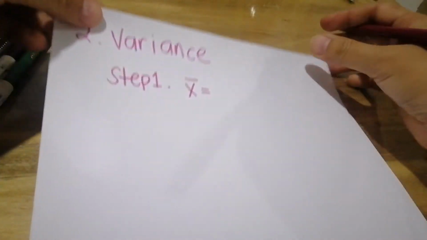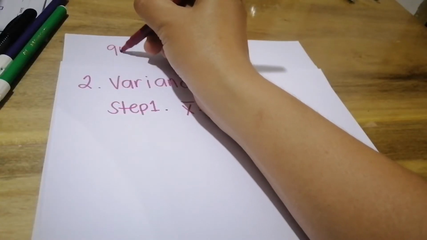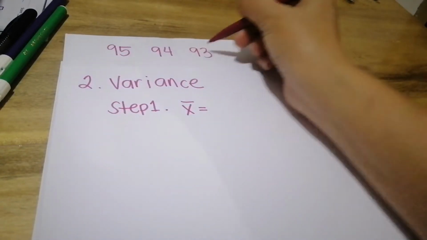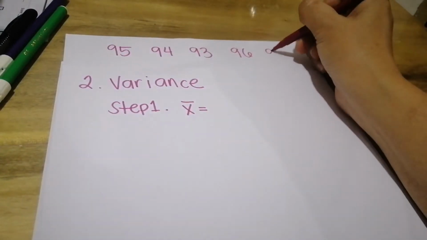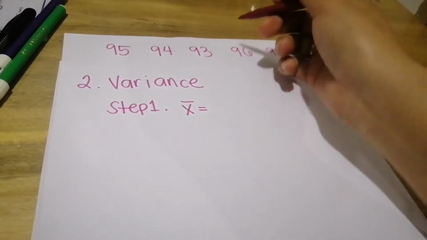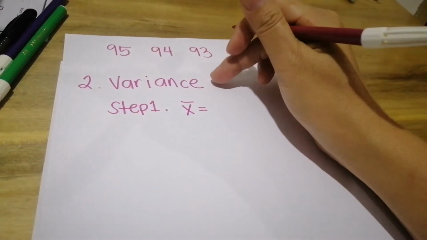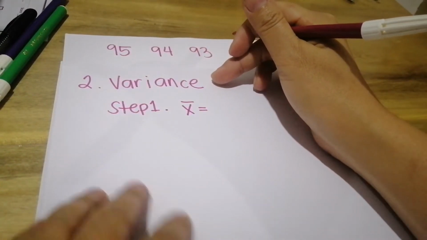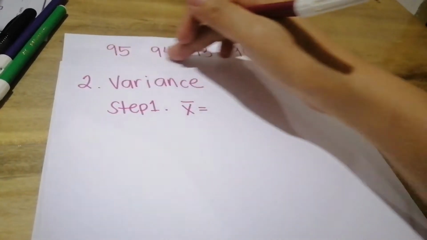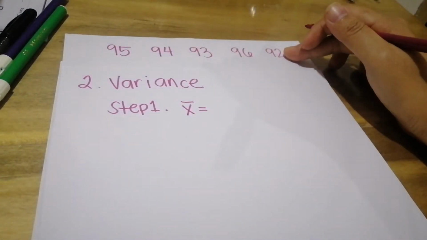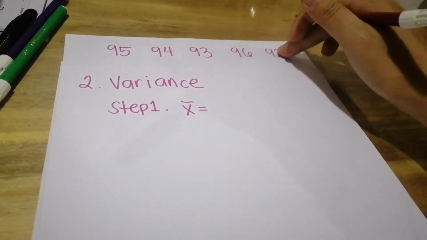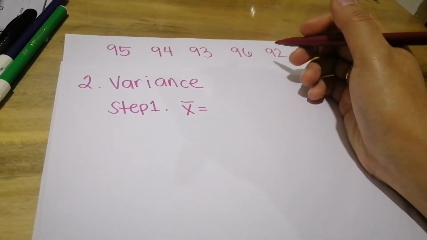So, for example, our data set is 95, 94, 93, 96, and 92. If this is our data set, then we are asked to solve for the variance. Step 1 is to solve for the mean, which is simply add all these numbers divided by 1, 2, 3, 4, 5, divided by 5.